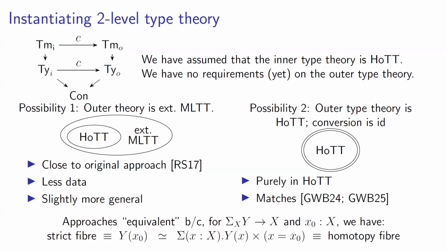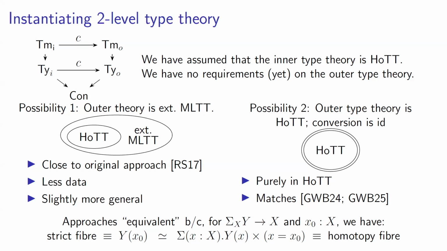Yeah, so when I learned about this internal approach, I found it a bit puzzling that this also works, but in hindsight, it's actually not very surprising. If we consider the projection map from sigma x y to x, and we consider some point x0 in x, we can ask ourselves, what is the fiber over this point x0? One would say that the strict fiber is just y of x0.